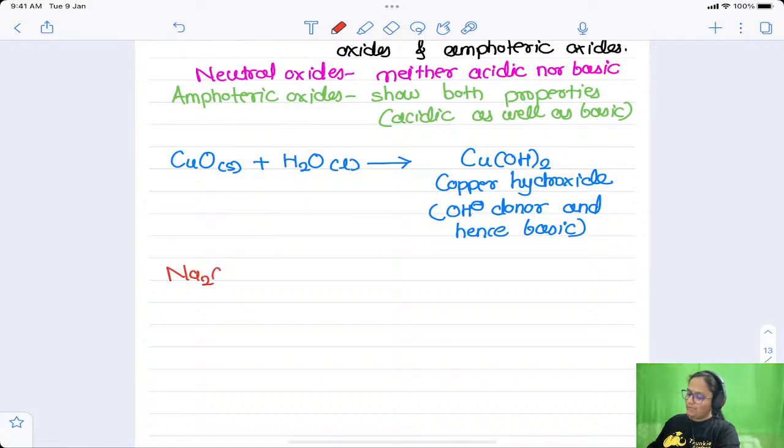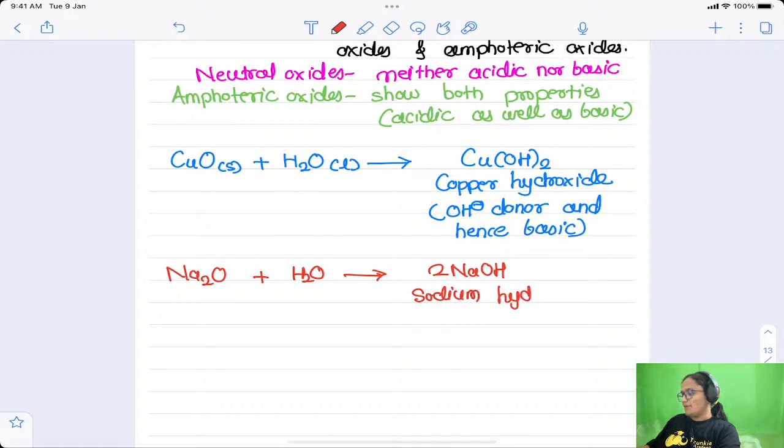Similarly, we can write down for the sodium oxide also. Na2O, when it is dissolved in water, we get 2NaOH, that is sodium hydroxide. We know sodium hydroxide is the popular example of an alkali. It is an alkali and all alkalis are basic in nature, right?